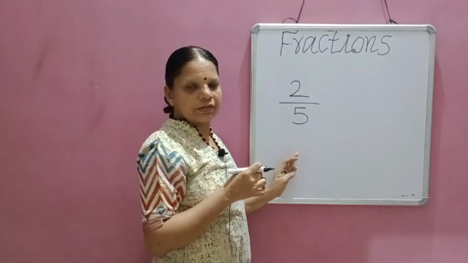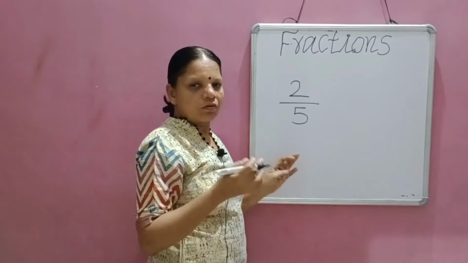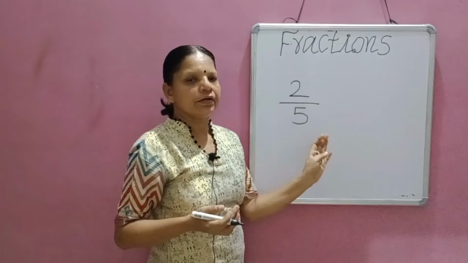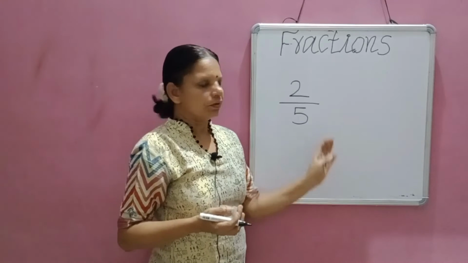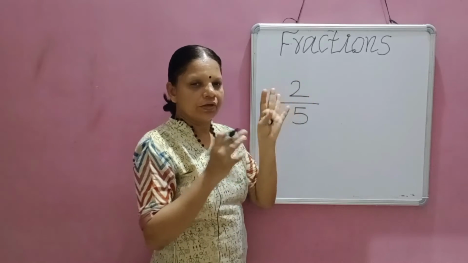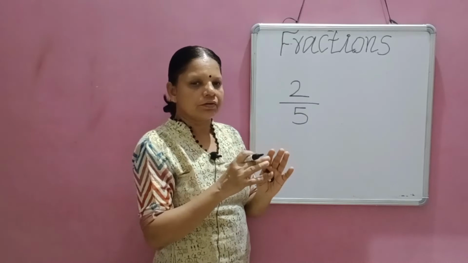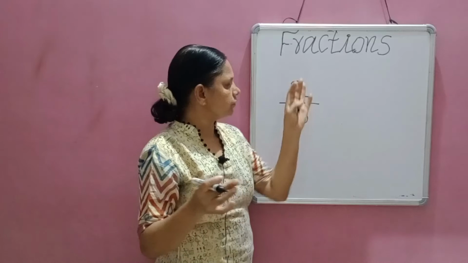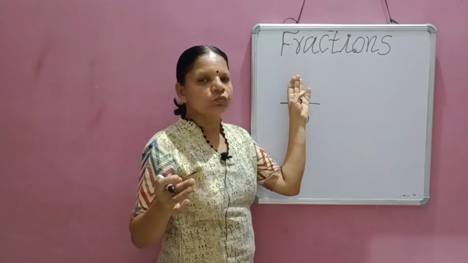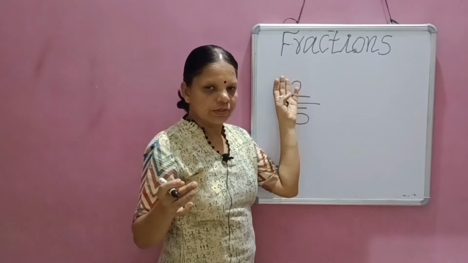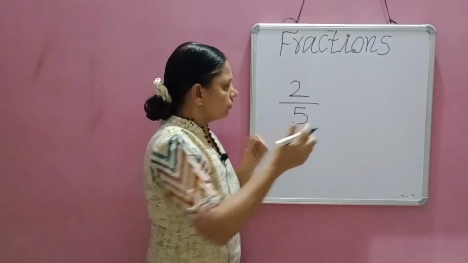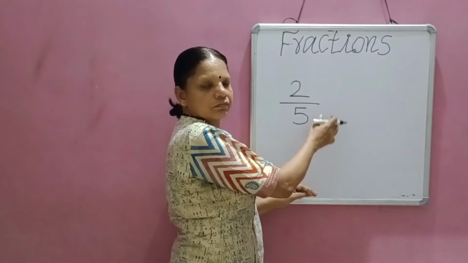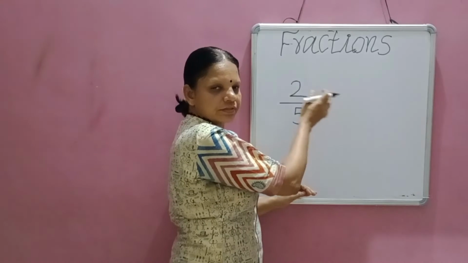It also means 2 parts out of 5 equal parts. When a thing is divided into how many equal parts? 5 equal parts. Out of this, how many parts? 2 parts. It is also a fraction. So, this also will be less than 1.